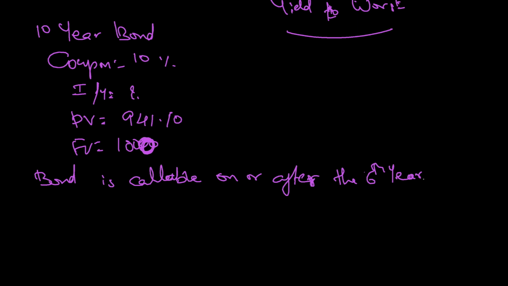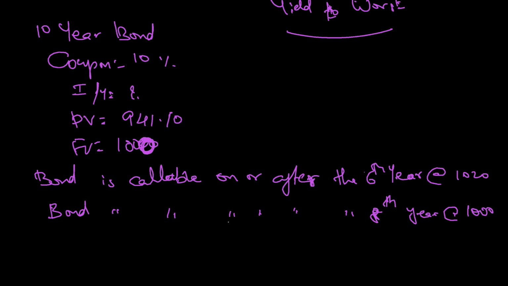And if it is callable, it will be called back at, let's say, 1020. And bond is also callable on or after the eighth year at, let's say, 1000. That means they are ready to call back at the par value.